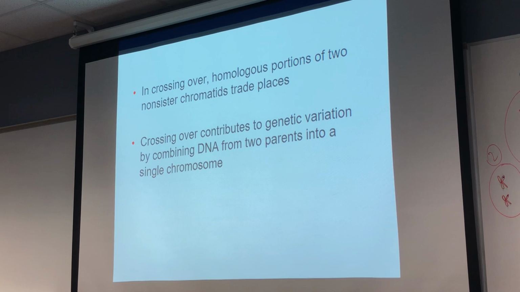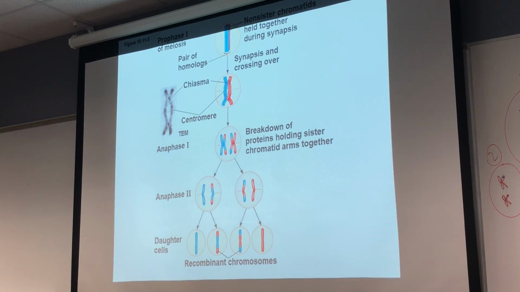So in this crossing over, homologous portions of two non-sister chromatids are exchanged, and this also contributes to the genetic variation in the DNA of this new organism, from the parents to the single chromosome. That's what you have there, this crossing over.